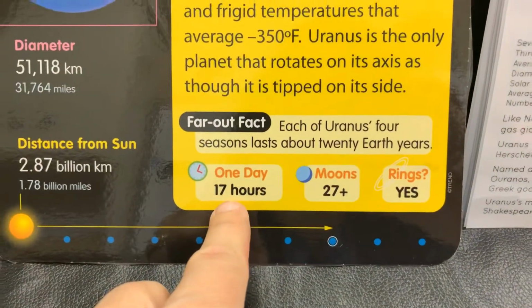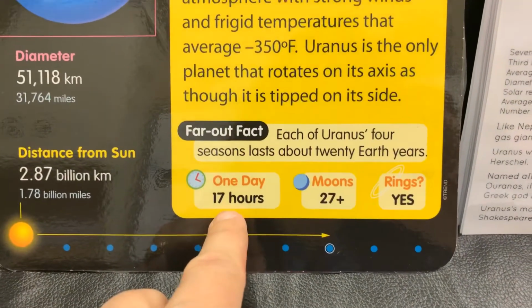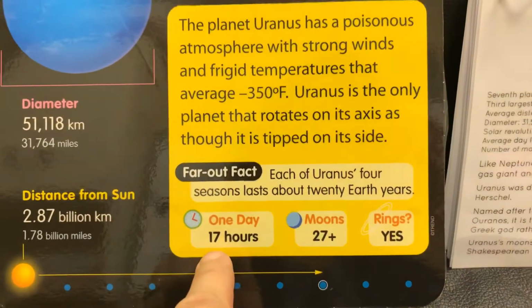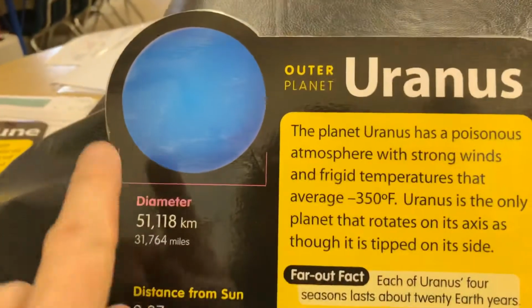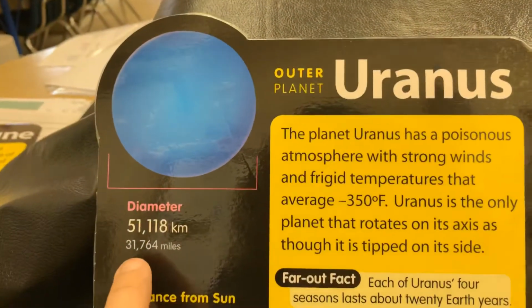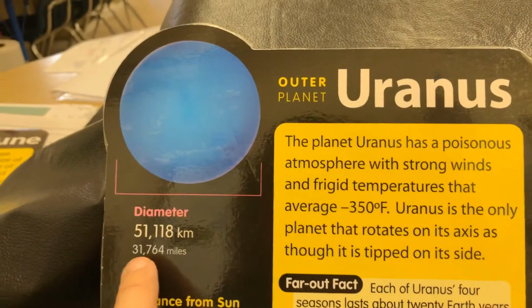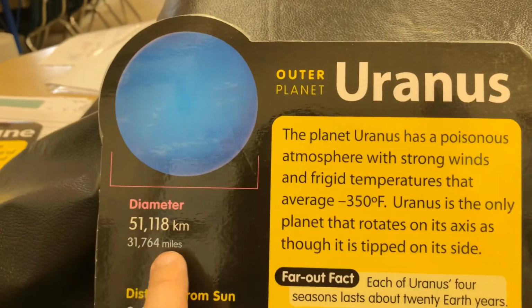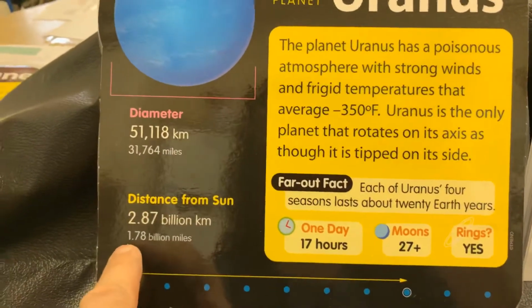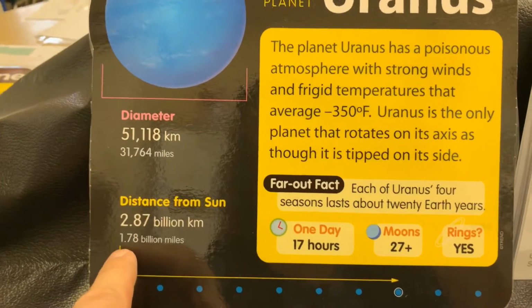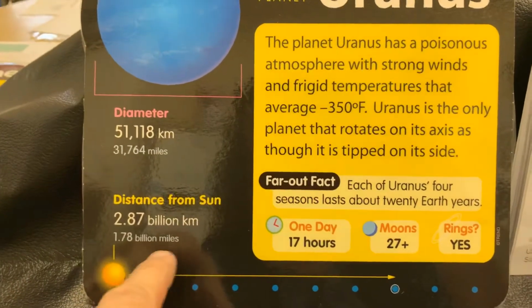What's 1 day on Uranus? What's its diameter? 31,764 miles. What's its distance from the sun? Oh my goodness, this is so far. 1.78 billion miles.